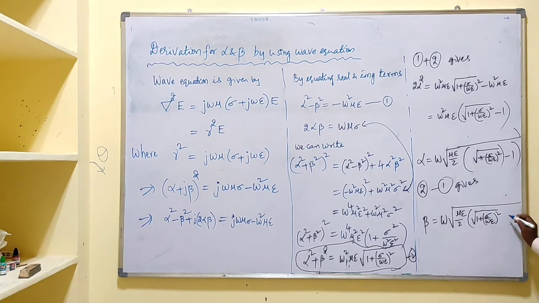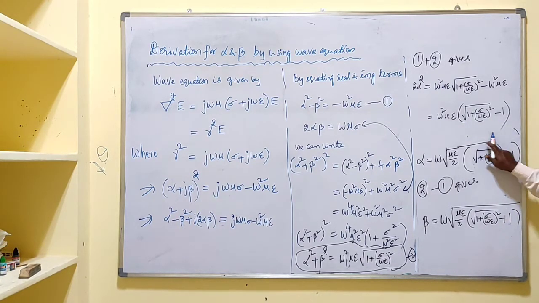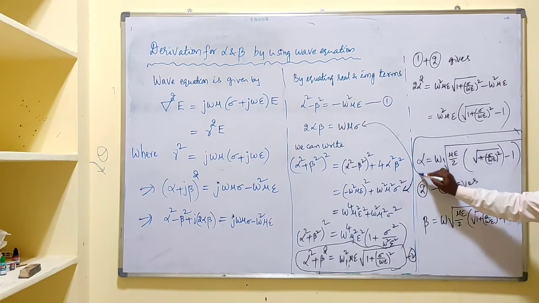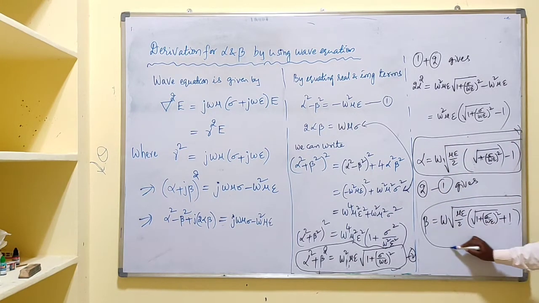In the previous case it is minus 1, now it is plus 1. So this is the expression for alpha and this is the expression for beta.